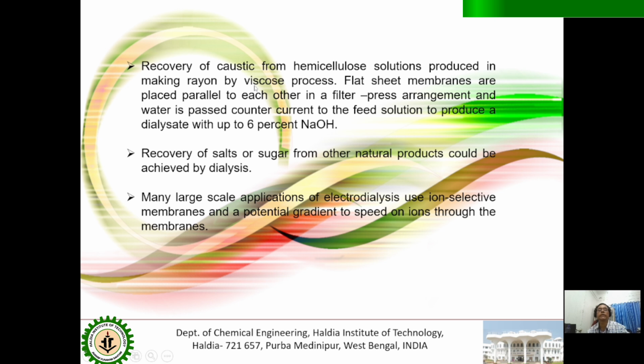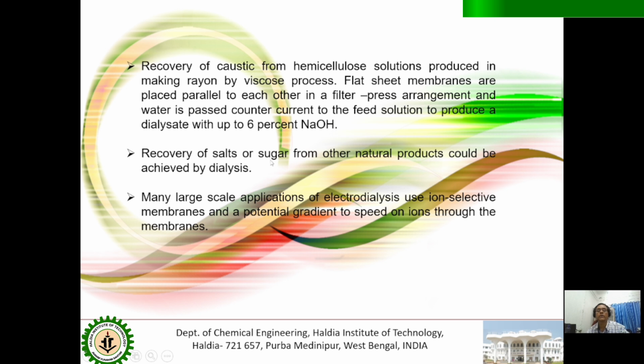In that process also we can use dialysis. Flat sheet membranes are placed parallel to each other in a filter press arrangement, and water is passed countercurrent to the feed solution to produce a dialysate with up to 6% sodium hydroxide.